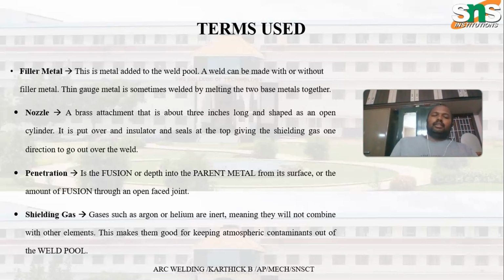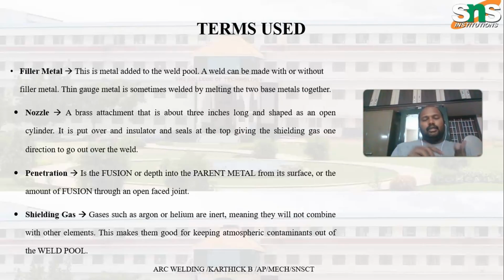The next one is shielding gas. In most welding processes, the weld area, where the sheet or plate is welded, gets contaminated. In order to avoid contaminants coming into contact with the weld pool, you can use shielding gas like argon and helium, which are inert gases.